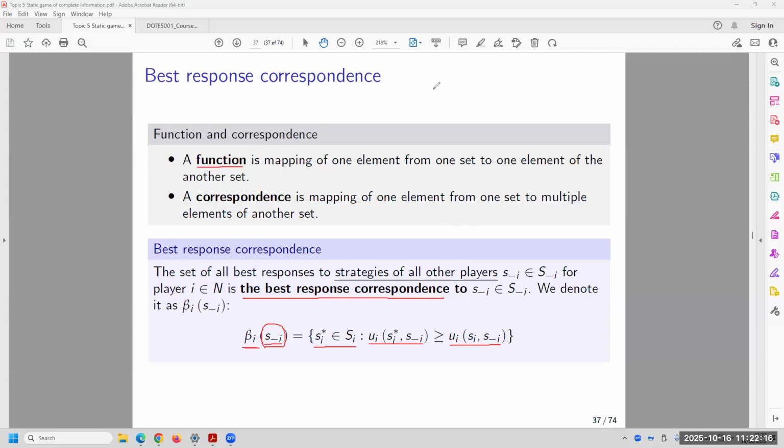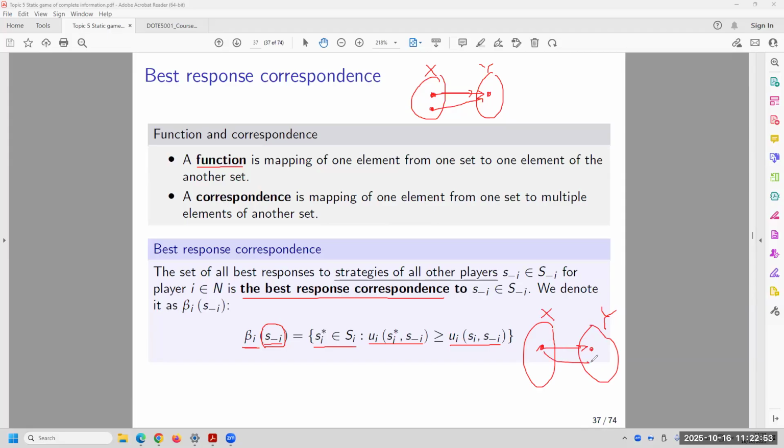A function is like a mapping between two sets, x and y. If you have a small x and a small y, dots here, then for every dot you map to one dot. A function requires only that from any dot you map to one dot. It can be many to one, but you don't allow the following: one point mapped to two points. So this is not a function. You can have two things mapped to one, but you can't have this.